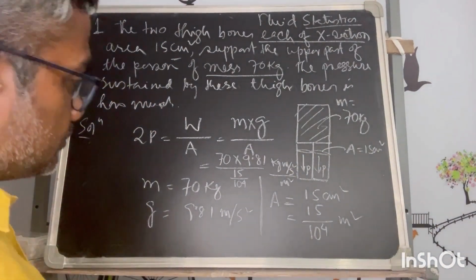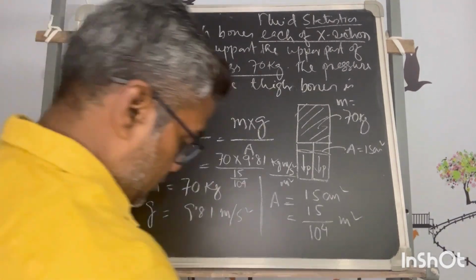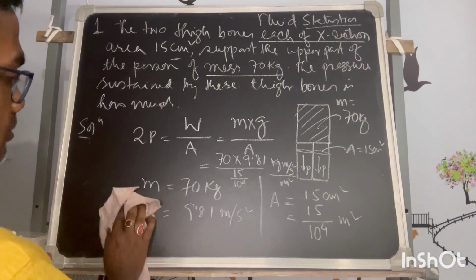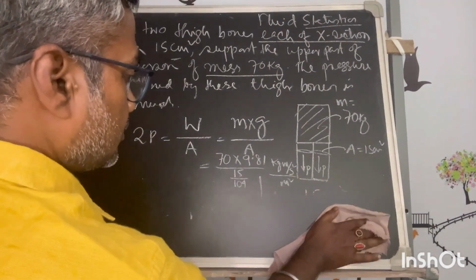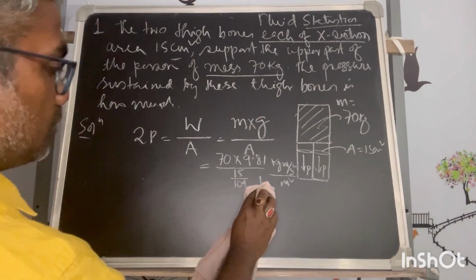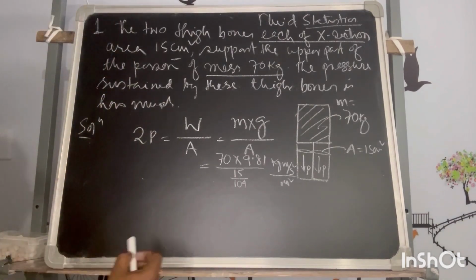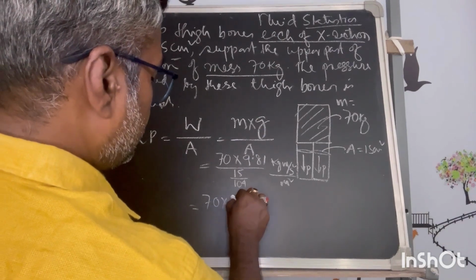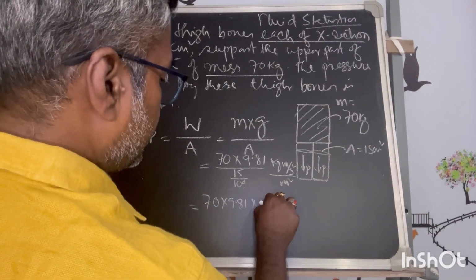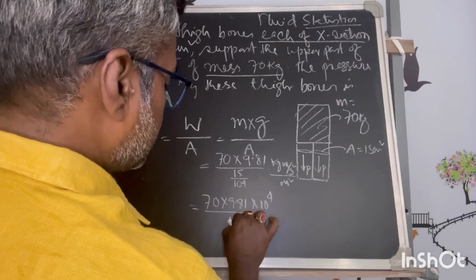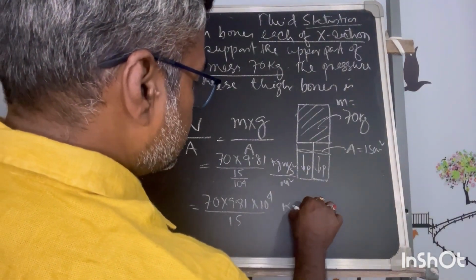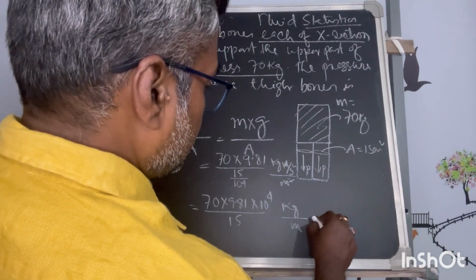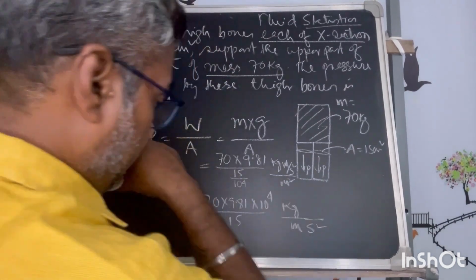So the thing is numerical plus your unit. This is 70 into 9.81 into 10 to the power 4 going up, and this is 15. And the units kg, meter will be cancelled out. This is kg per meter into second square. Okay.